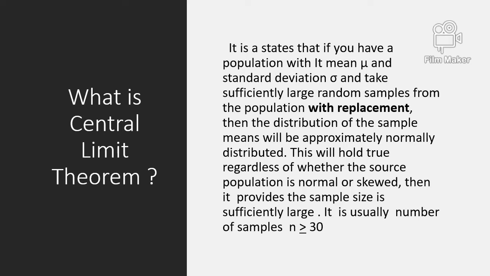This will hold true regardless of whether the source population is normal or skewed, provided the sample size is sufficiently large. That is usually n greater than or equal to 30.